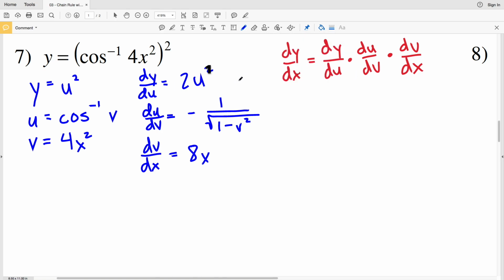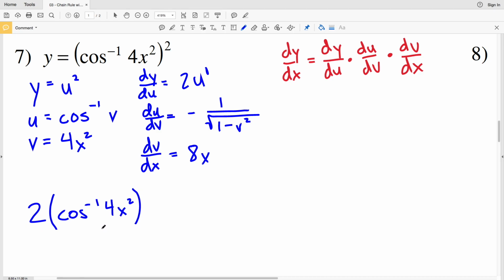And as I write this out, I'll just plug in my u, my v, and x is what I'm differentiating with respect to. So the derivative of y with respect to u is 2u to the first, so that's going to be 2 times u, which u is the inverse cosine of v, so we're going to plug in v into that to get the cosine inverse of 4x squared.